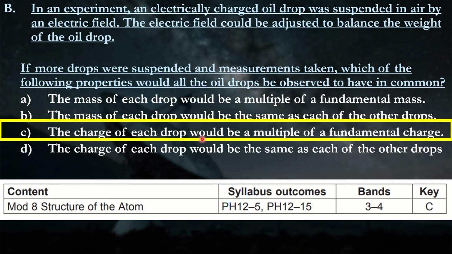Charge, however, we can calculate different values of charges, but what we will see is each charge has a common factor in it. So if we have a common number from each of these multiples, that means there has to be a fundamental number for charge. Any other numbers we get is a multiple of that charge.